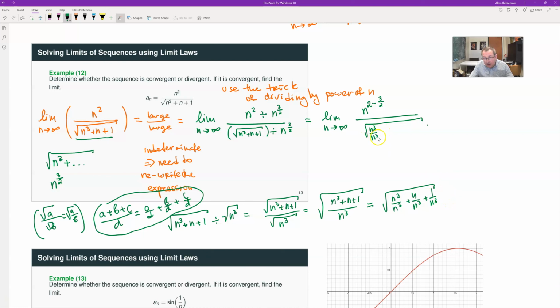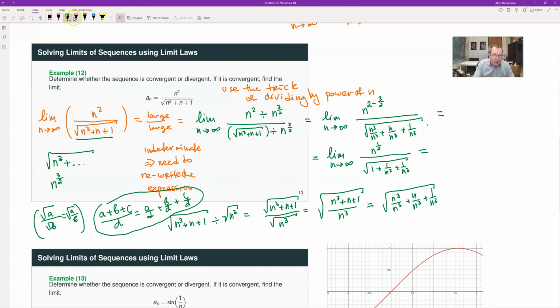So here we go. Let's simplify it a little bit. Limit as n goes to infinity. In the numerator, I'll have n raised to 1/2, because 2 minus 3/2 is 1/2. And in the denominator, I'll have 1 plus 1 over n squared plus 1 over n cubed.